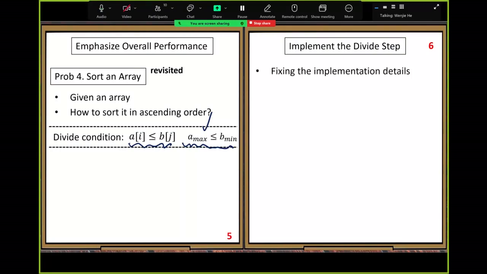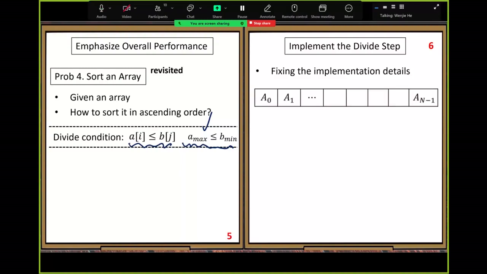All right, so now let us fix the implementation details. This is another challenging and interesting, smart step. The implementation details are very smart. So let's look at the basic idea here.